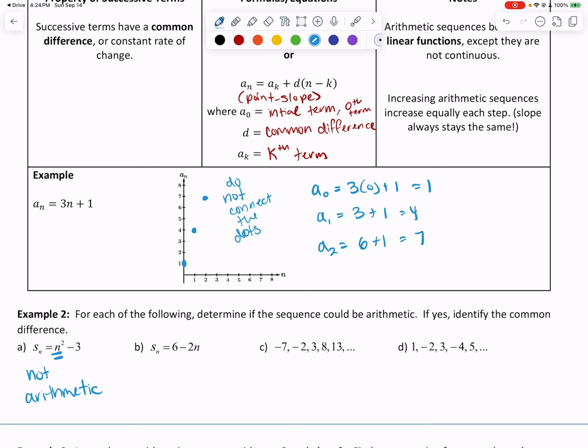Option B, this is an arithmetic because we have a constant difference and then a kind of y-intercept starting point. So we see that first power n, and so this is arithmetic.